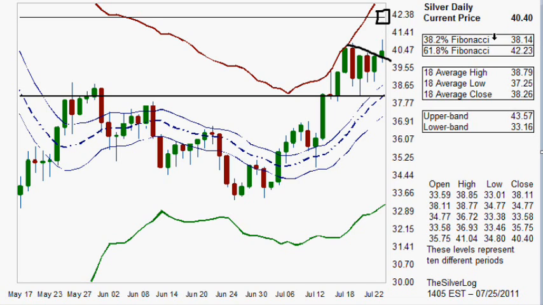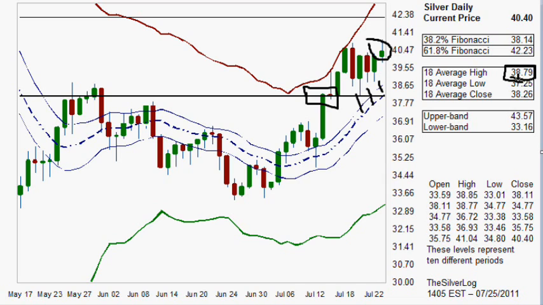If, of course, this is not the case, this would be an obvious failed breakout, and from failed moves can come fast moves. I'd be looking for the 18-period average of highs as well as this previous support level. That's exactly at the Fibonacci mark of 38.10, and this level here is 38.79, going higher, or roughly 39.